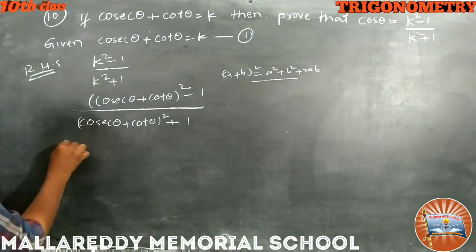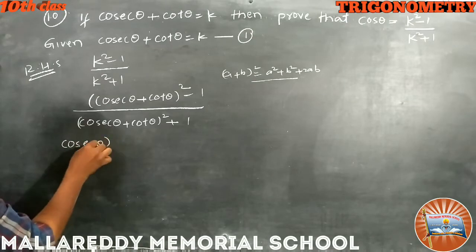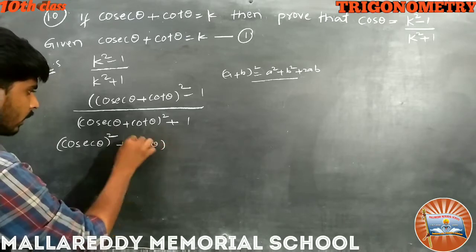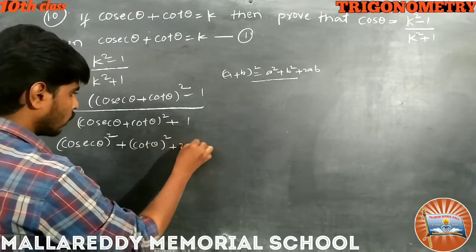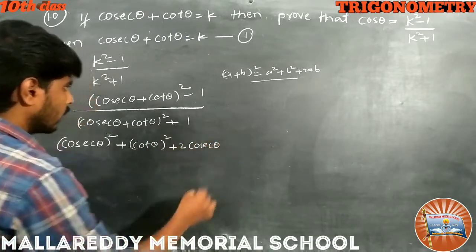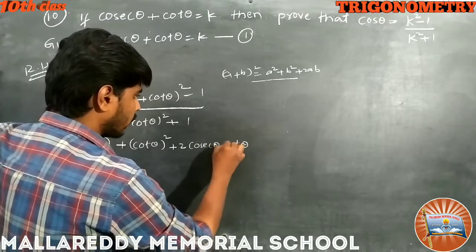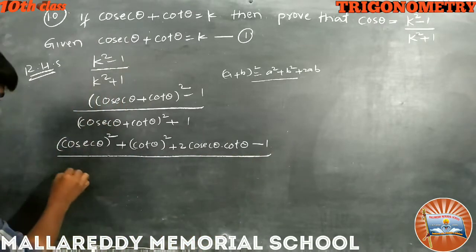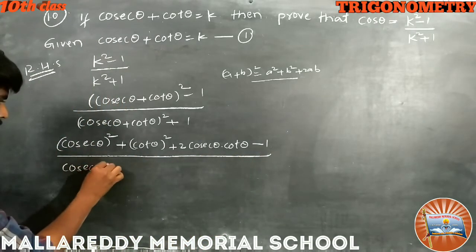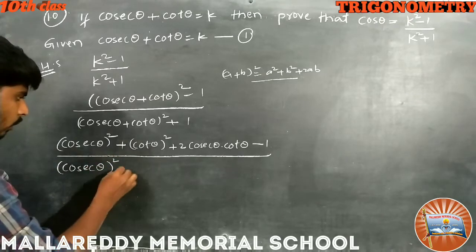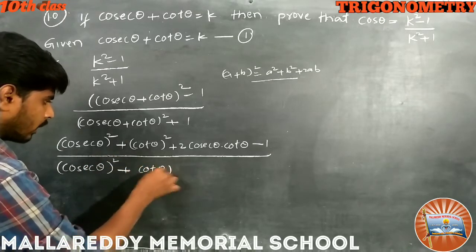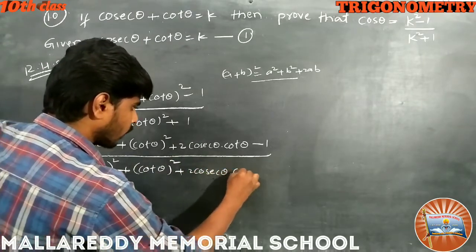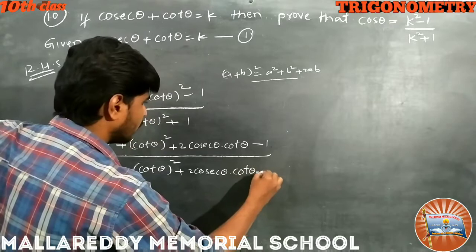So cosec theta whole square plus cot theta whole square plus 2 cosec theta into cot theta minus 1 by cosec theta whole square plus cot theta whole square plus 2 cosec theta into cot theta plus 1.